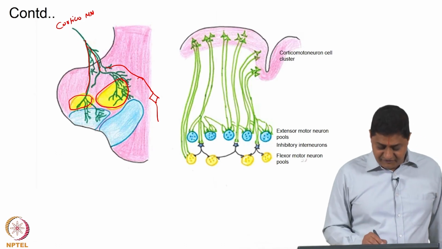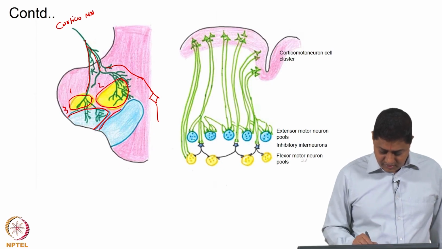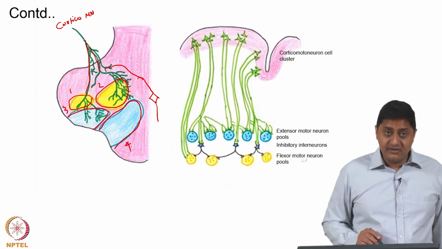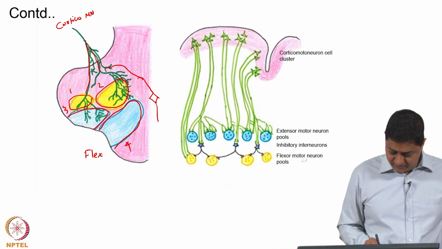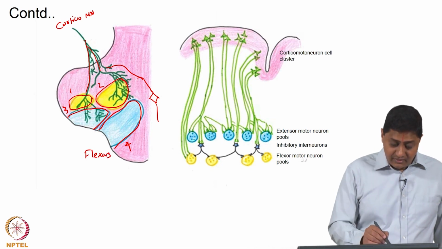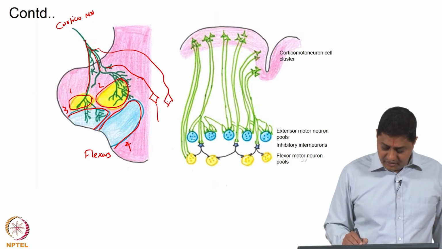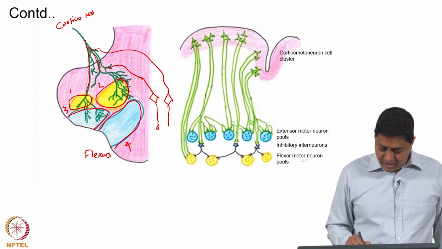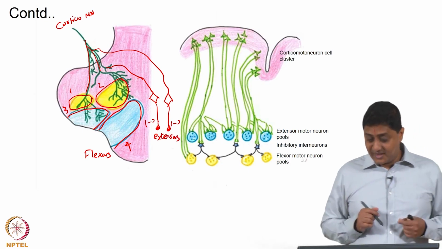So, let us suppose these 4 muscles, 1, 2, 3 and the 4th muscle, are some flexors, right. The corticomotor neuron also innervates interneurons that inhibit, or produce a negative activity on, the extensors, thereby releasing the extensors when the flexors want to flex.